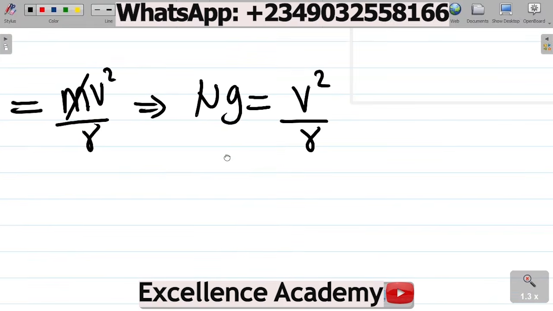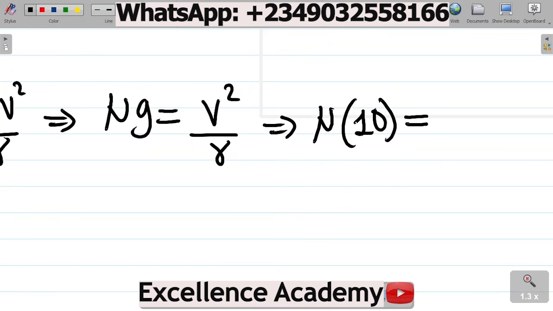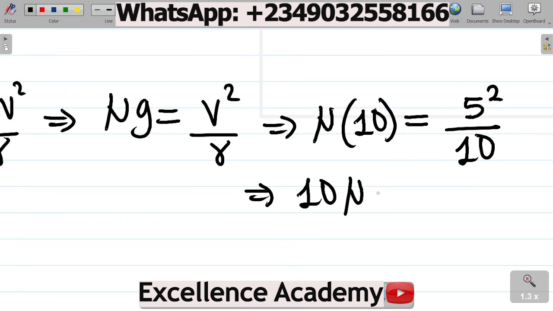Let's bring in parameters. We're given g as 10. V is the velocity, which was given as 5 meters per second, and r is the radius, given as 10. From here, we'll have mu times 10, that gives 10 mu, is equal to 5 squared, which is 25, all over 10.